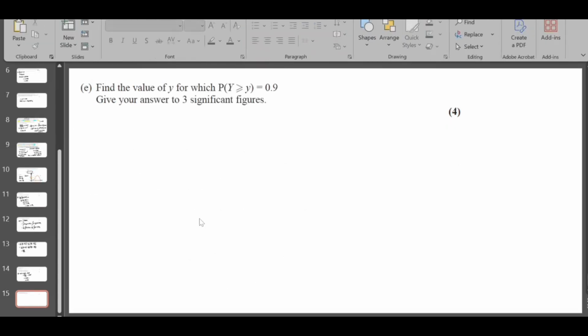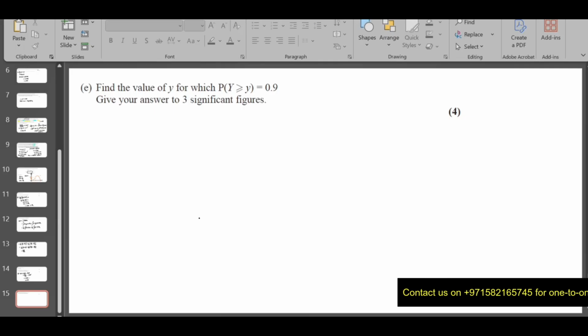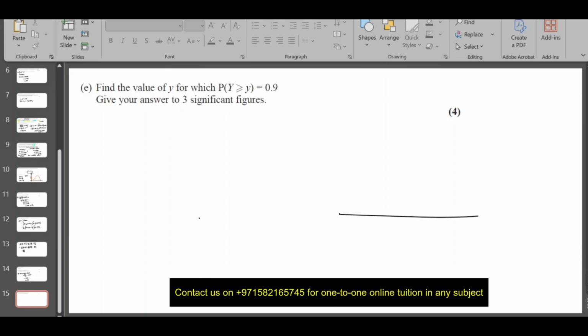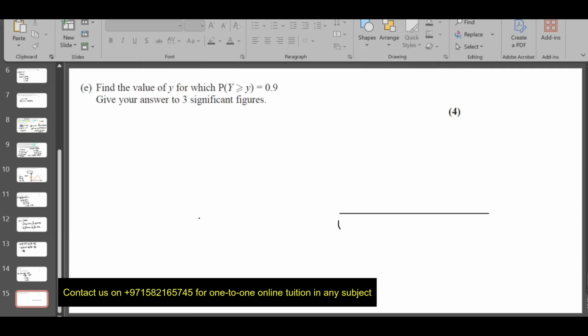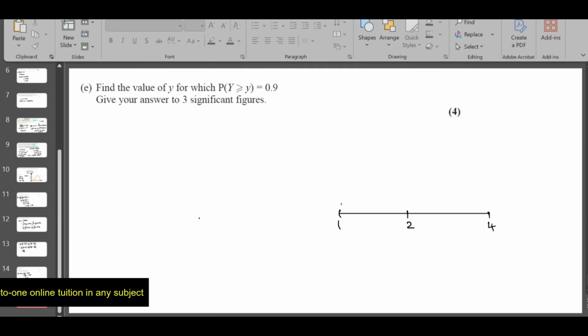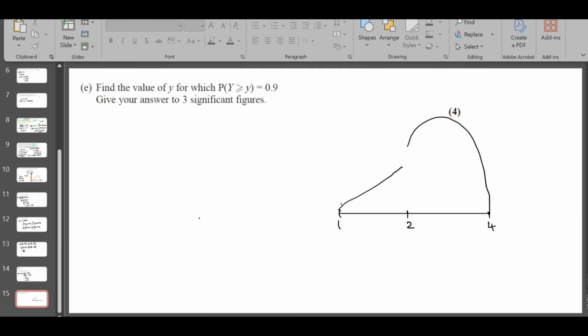Part E now. Find the value of y for which P of y is this. The function is defined from 1 to 2 and 2 to 4, right? So we have a graph here and then another graph here. The total area below the curve should be equal to 1.